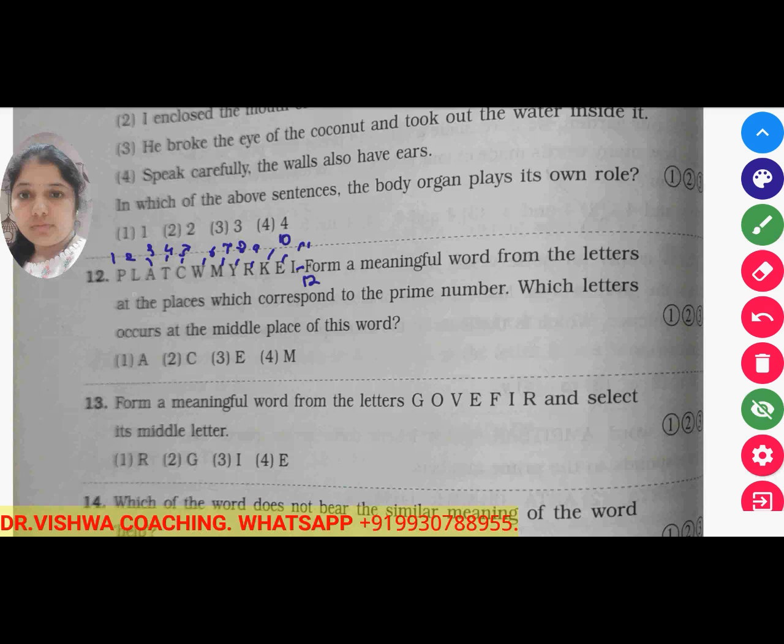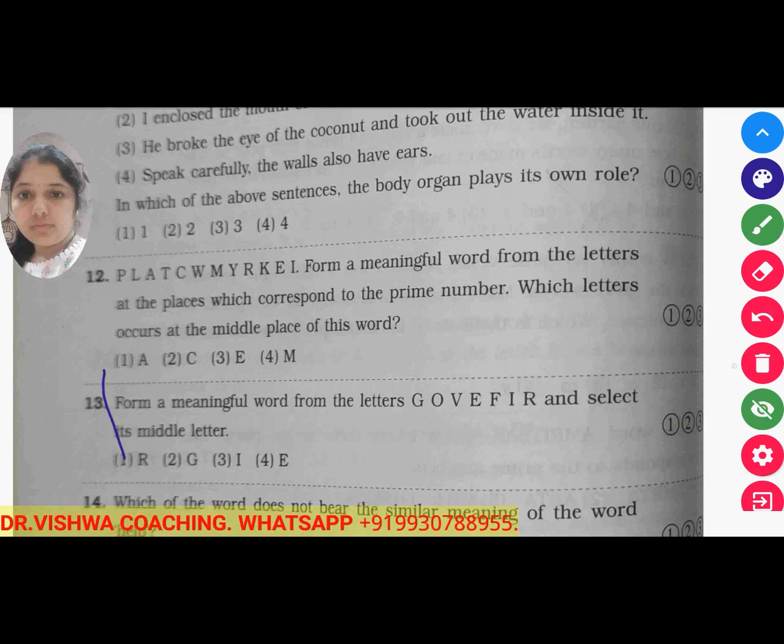There are 12 letters. Now the letter at second place corresponds to a prime number, then the letter at third place also, the letter at fifth place, which is C, also, the letter at seventh place also, then the letter at 11th place. So LACMEL, the meaningful word from here is camel. And which letter is at the middle? So M is at the middle of it. So option number 4 is the correct option here.